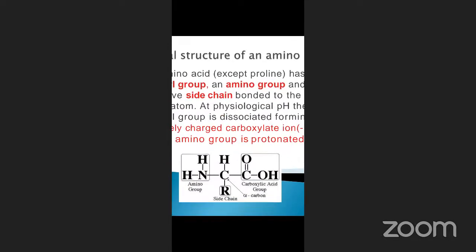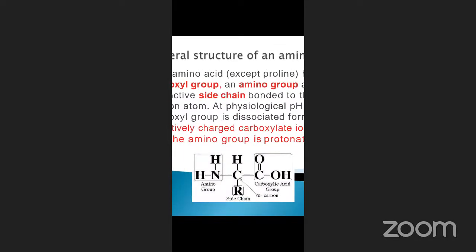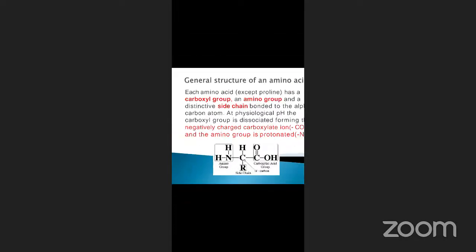The first carbon in this compound is COOH, the carboxylic acid functional group. The adjacent carbon attached to the first carbon is called the alpha carbon. If there is another carbon adjacent to that, we call it the beta carbon. Then gamma, delta, epsilon, like that we have numbering.